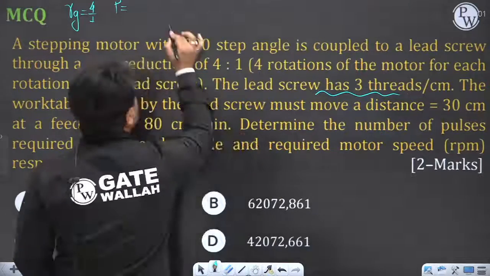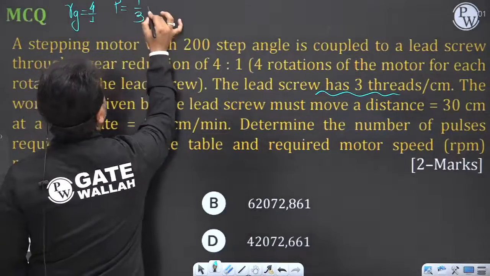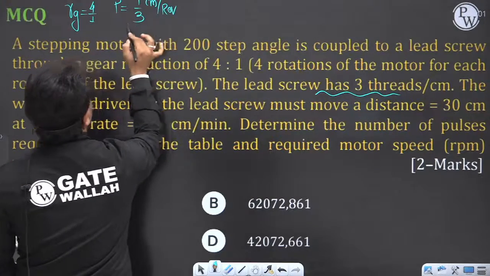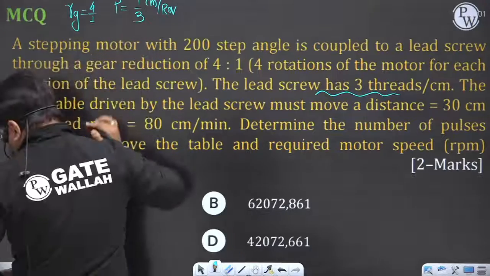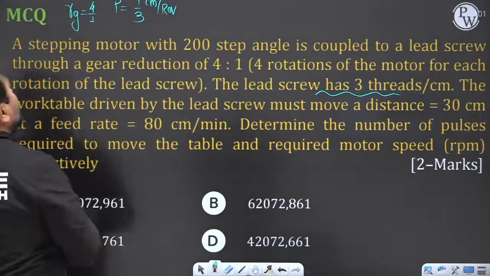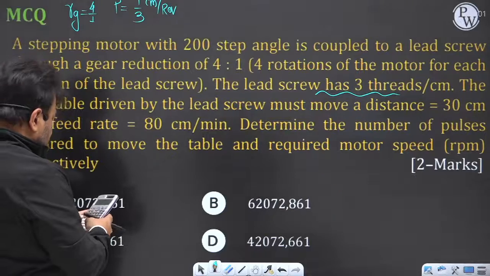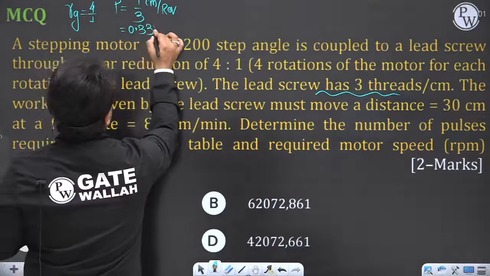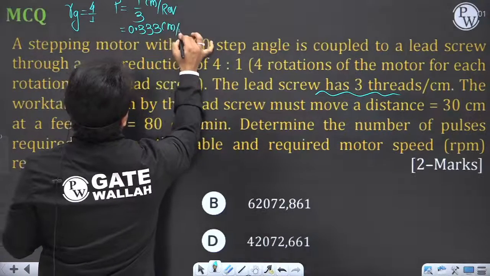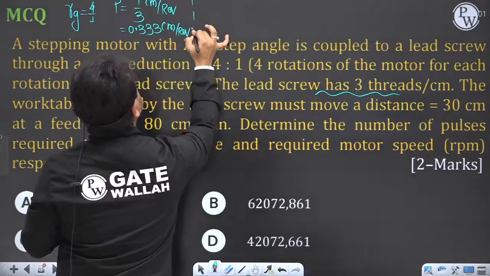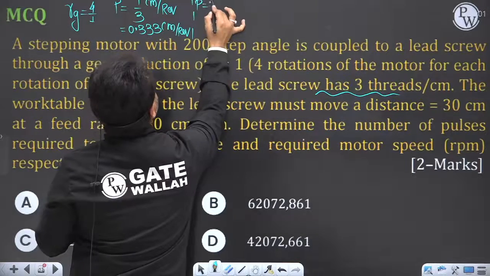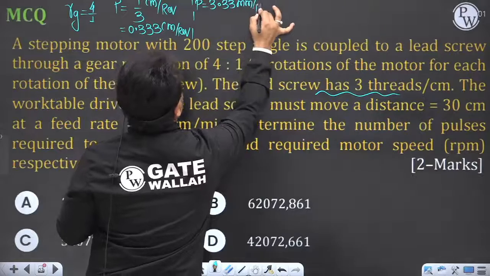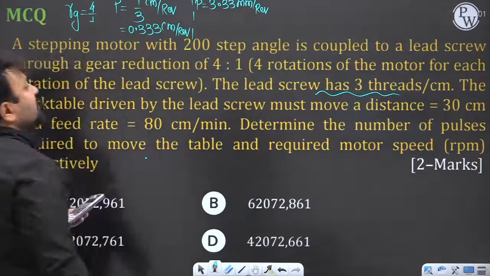So it means 1 by 3 centimeter per revolution will give me the pitch, right? So it will be 1 by 3, 0.333 centimeter per revolution. So here the pitch is 3.33 mm per revolution.